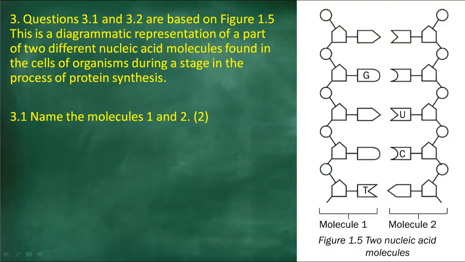Non-Pumalelo, when you said molecule one has the uracil in it, in place of what? Thymine. Okay. You gave molecule one as RNA and molecule two as DNA.